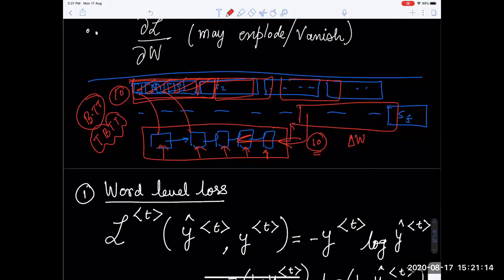In these 10 time steps, the words may be coming from one sentence, two sentences or five sentences. It doesn't matter. It depends upon the amount of memory that you have and how much time you can spend on your back propagation.